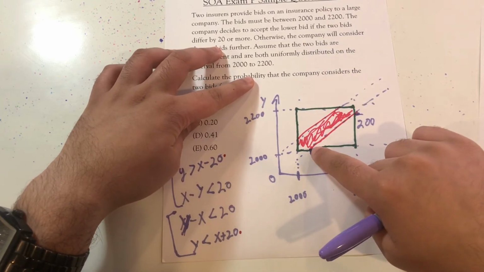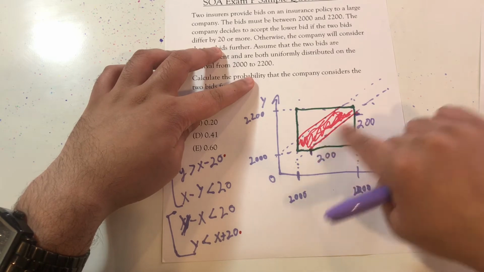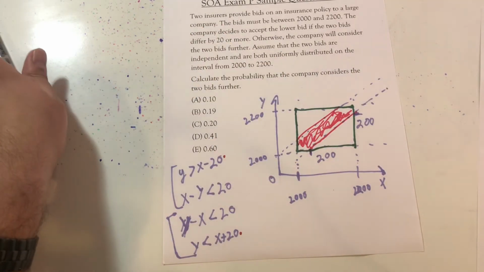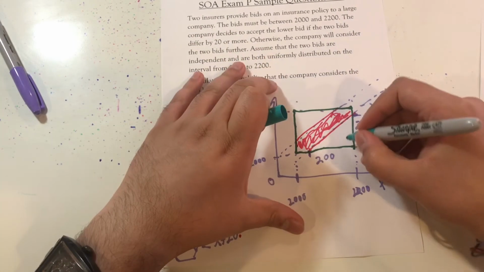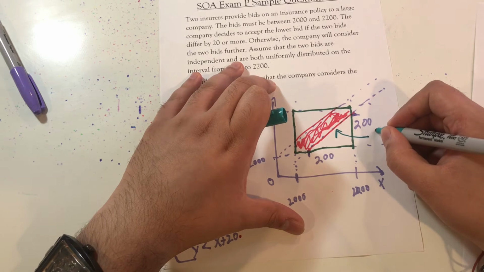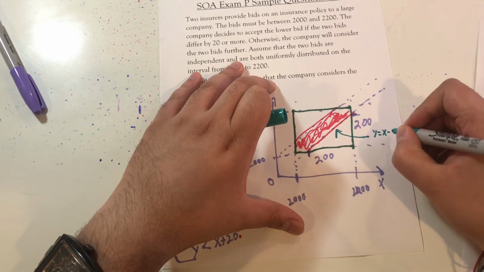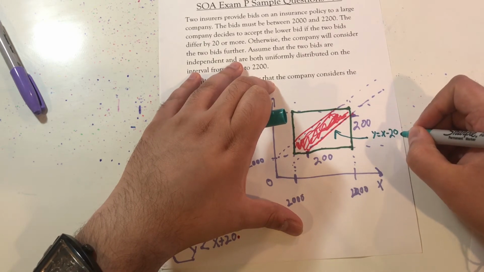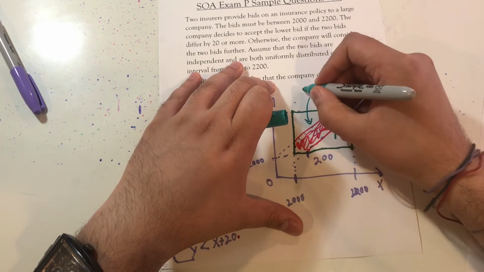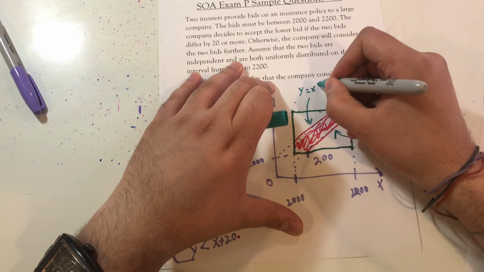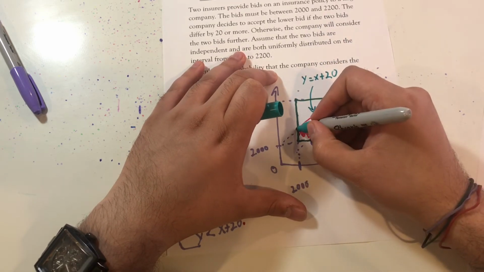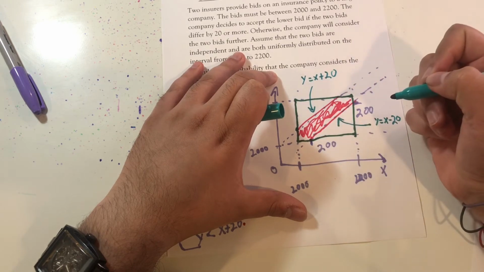What is the equation for this line? Y equals X minus 20. And this line here, Y equals X plus 20. So I want to figure out what these two points are.